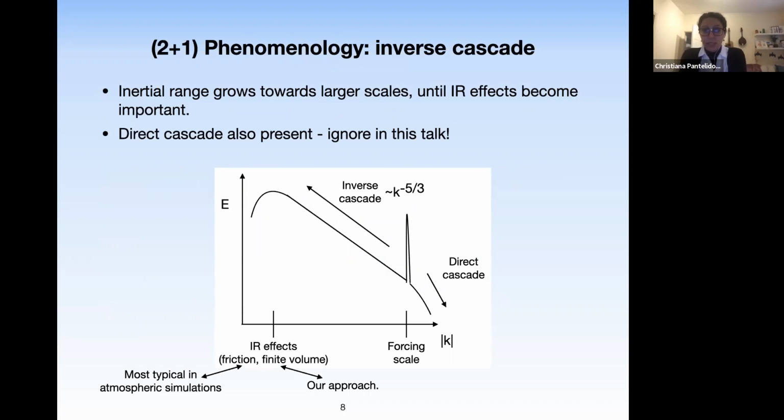In 2+1 dimensions, my understanding is that you have energy being transferred from the forcing scale to smaller values of k, and then you have another quantity that is being transferred to higher values of k. But as far as I understand, that's very special in 2+1 dimensions. I don't know if it would exist in higher dimensions, say 4+1.